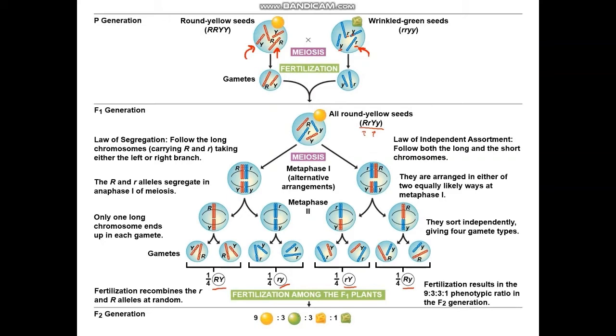This is true for the other parent as well, and the combination of gametes from these two parents is what accounts for the 9:3:3:1 ratio. If you add up all of these numbers, you'll find that there are 16 different possibilities. We have 4 different kinds of sperm or egg cells that are possible. 4 times 4 gets you your 16 different possibilities. So that's where this comes from.